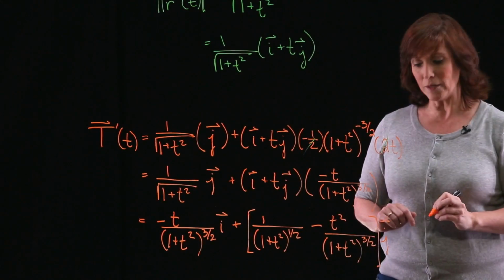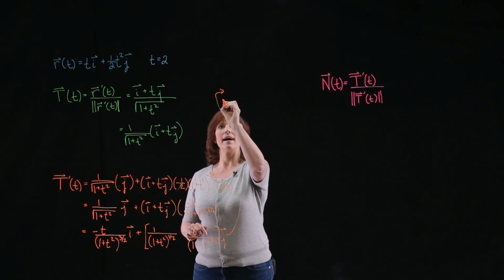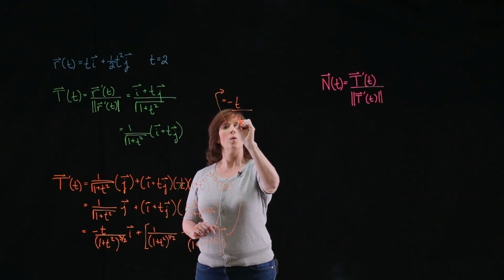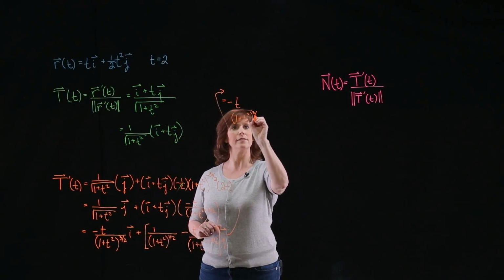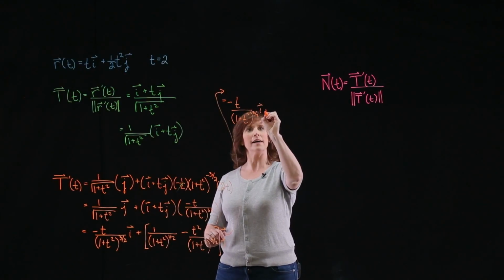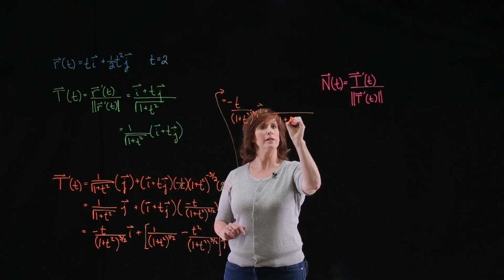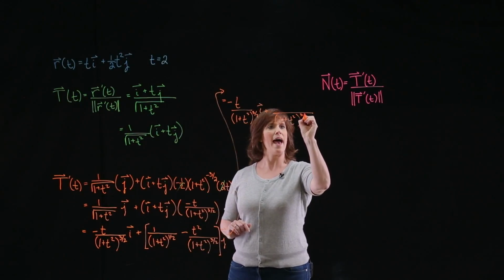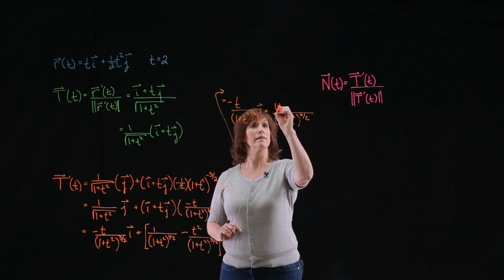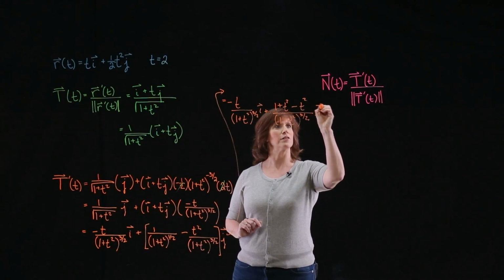Okay, let's see if I can do a little bit more simplifying here. I'll have my minus t all over 1 plus t squared to the 3/2 times vector i, and I'll have plus, I'll get a common denominator of 1 plus t squared to the 3/2 power, and I'll write this as 1 plus t squared minus t squared, and that's times my vector j.